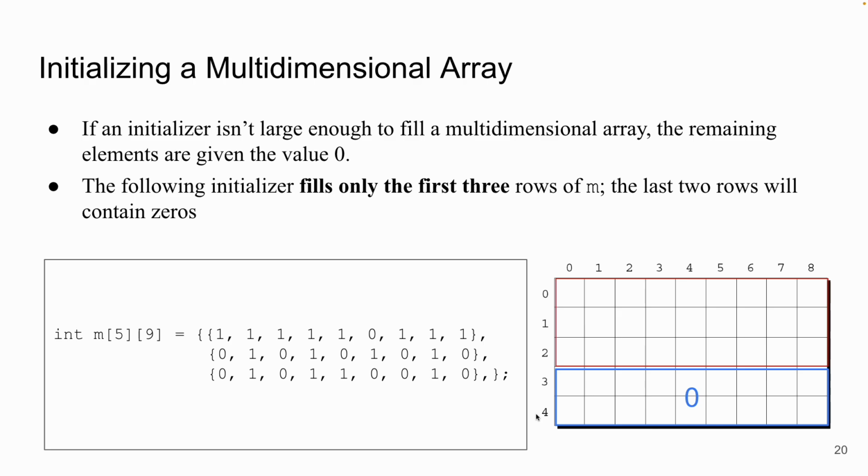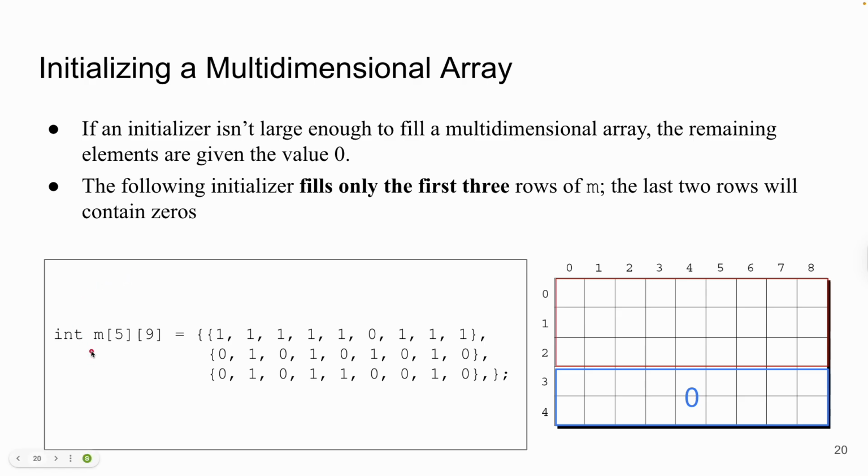The first rule about the initializer for the multidimensional array is that if the initializer isn't large enough to fill the entire 2D array, the remaining elements of the 2D array will have a default value 0. So let's check out the example here.